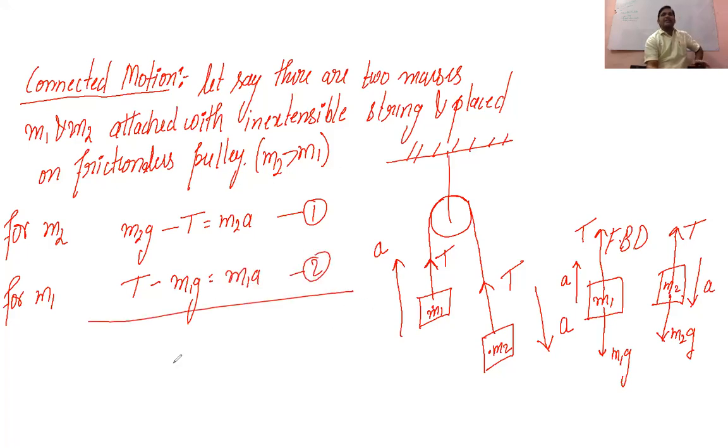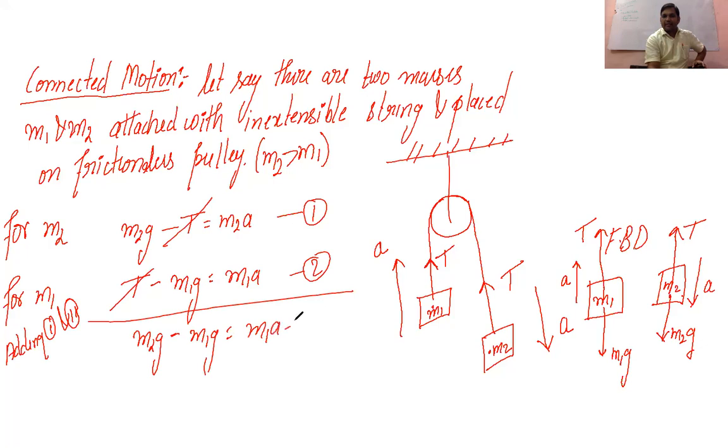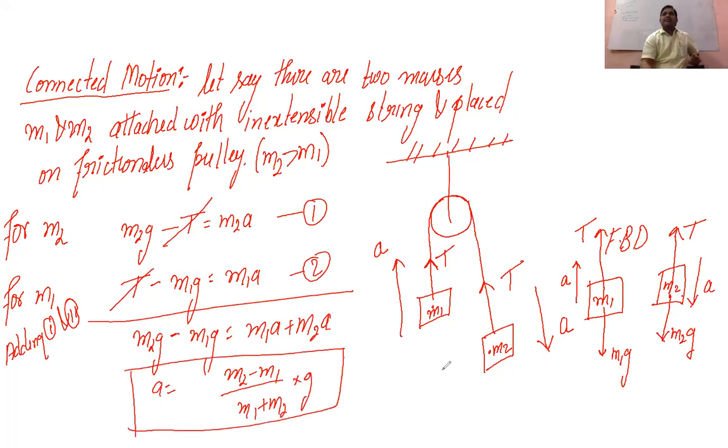We can just add these two equations, adding first and second. We can see the tension is going to cancel out. This M2G minus M1G is equal to M1A plus M2A, and the A from here will be M2 minus M1 upon M1 plus M2 into G. This will be the acceleration of the body.